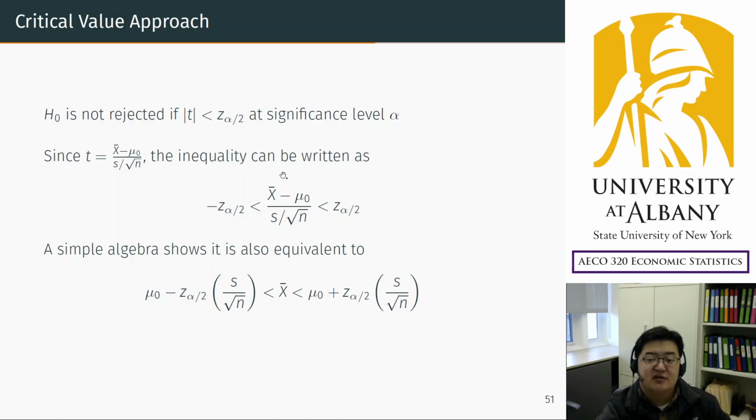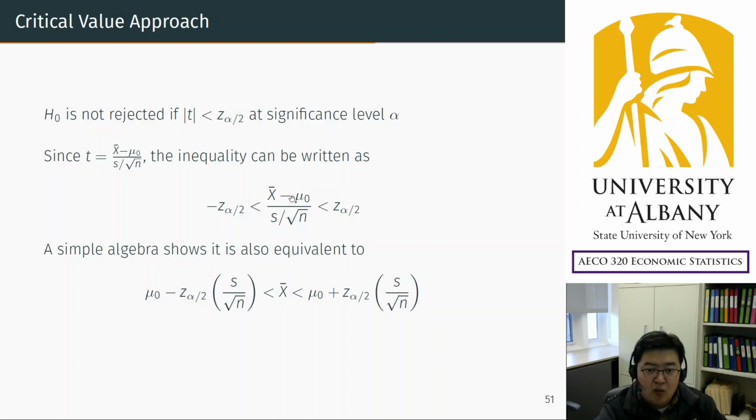So that's how it works. And what's interesting here is that we have to make the critical value approach equivalent to the earlier approaches. So let's borrow the t-statistic decision rule. The t-statistic decision rule can be written in this way. In the middle is the t-statistic. The null hypothesis was not rejected if the t-statistic is in between plus minus z alpha over 2.